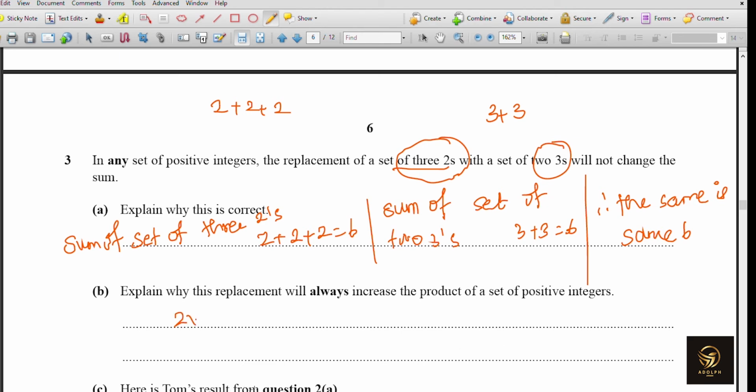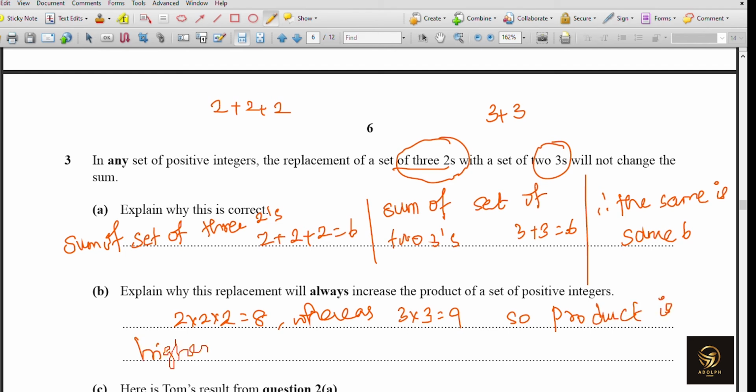Suppose if you are having 2 into 2 into 2, it's going to give that answer as 8, whereas 3 into 3, because 2 set of 3 is going to be 9, so the product is higher in 3 by 3 or set of 2 3's. Okay, so that's why we are replacing it.